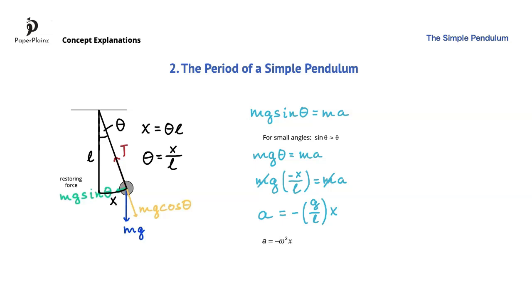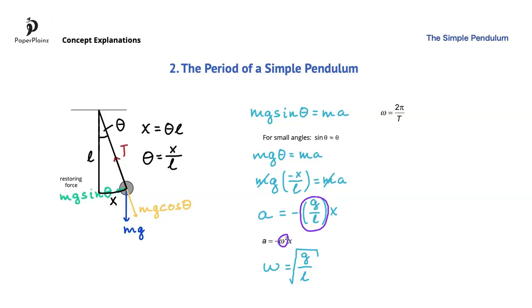Comparing this equation with the one above, we can see that g over L is equal to omega squared. When we take the square root, we end up with omega is equal to g over L under the square root. Recall from earlier that omega is equal to 2 pi over T. T is the time period of the oscillations.